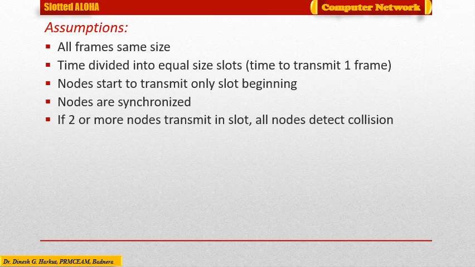The nodes are synchronized so that each node knows when the slot begins. If two or more frames collide in a slot, then all the nodes detect the collision event before the slot ends.